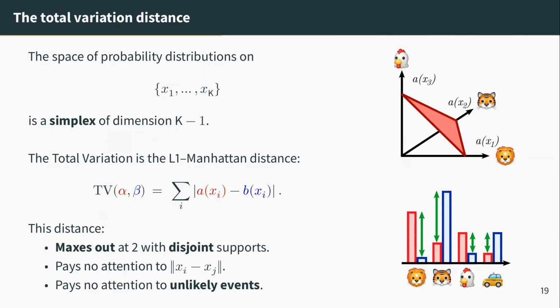So with all of this in mind, maybe the simplest distance that I can use between probability distributions is the total variation distance. So let's assume today that my space is discrete. I have a finite set of labels, x1, ..., xk. And now the space of probability distributions on this set of labels is a set of vectors of dimension k, with k positive coordinates.